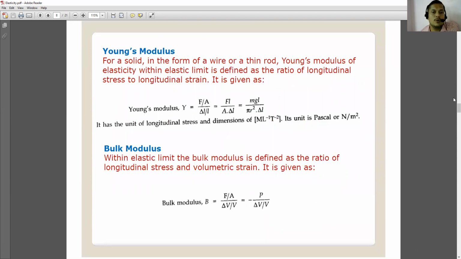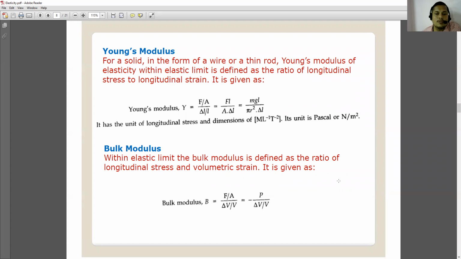Then Young's modulus, which we define as the ratio of longitudinal stress to longitudinal strain, given by F upon A divided by delta L upon L, where F is the force, A is the area, delta L is the change in length, and L is the original length.